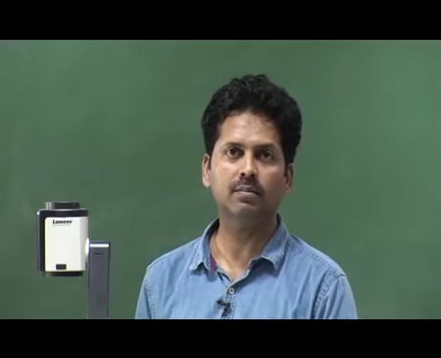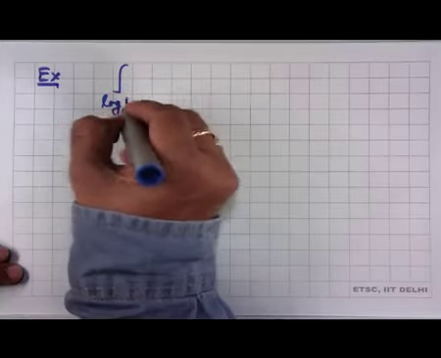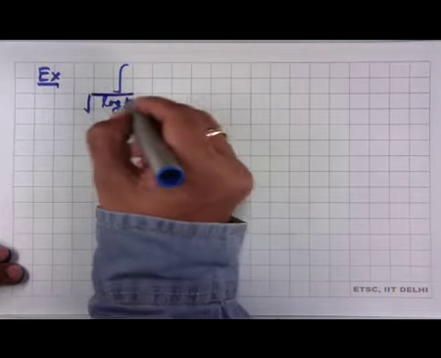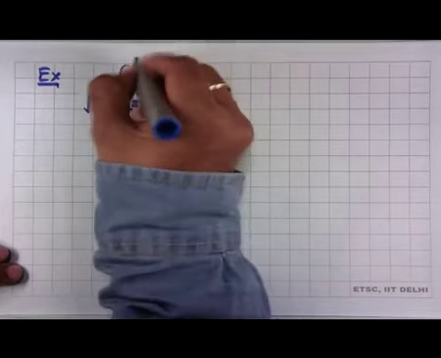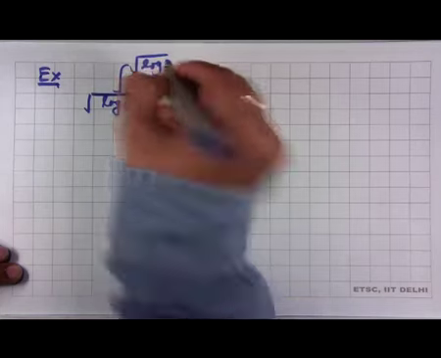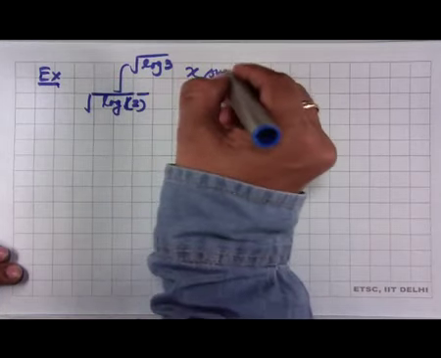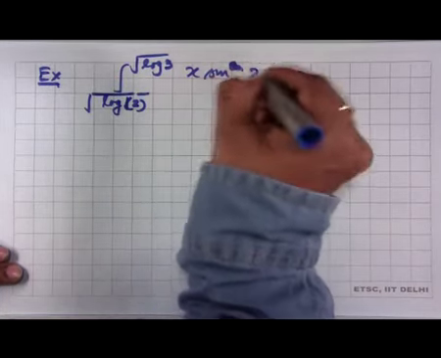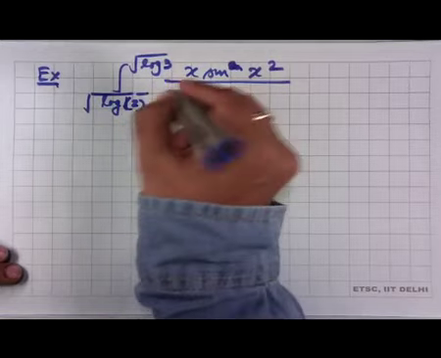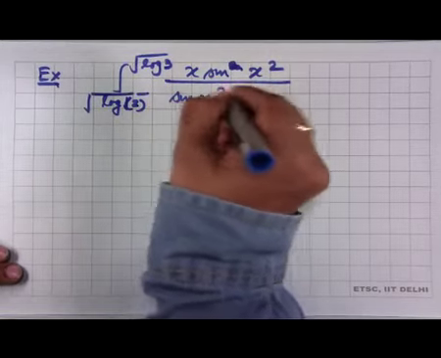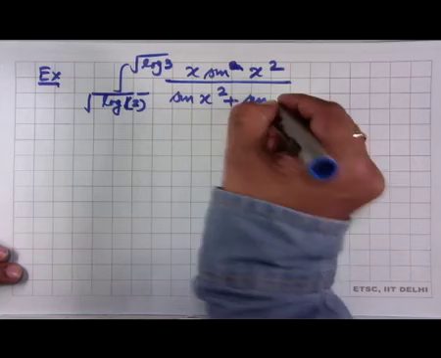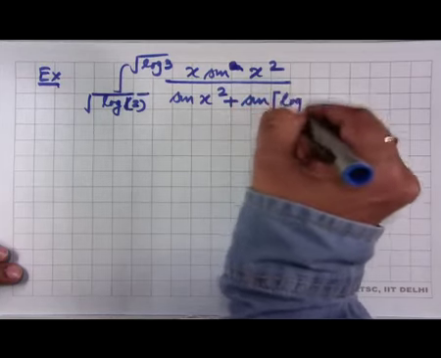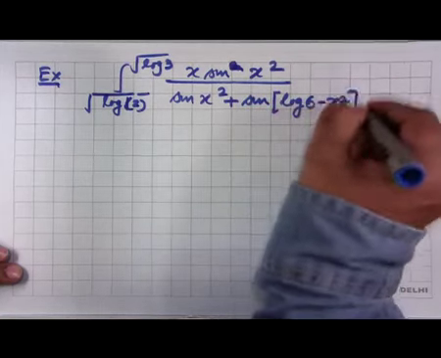Let us take another example. The integral from under root log 2 to under root log 3 of x sin x square by (sin x square plus sin of (log 6 minus x square)) dx.